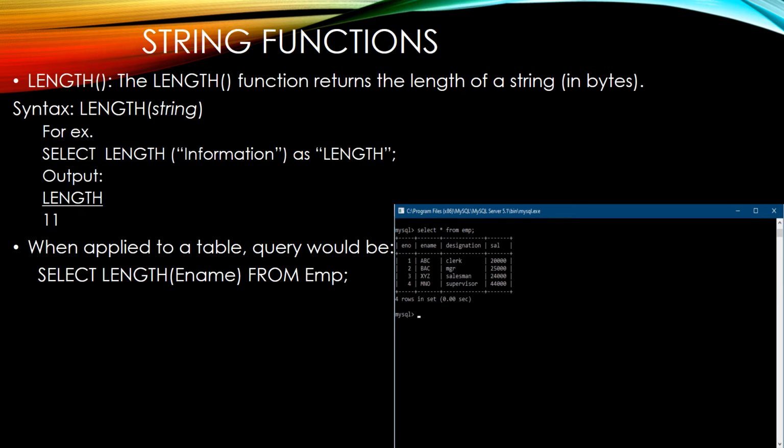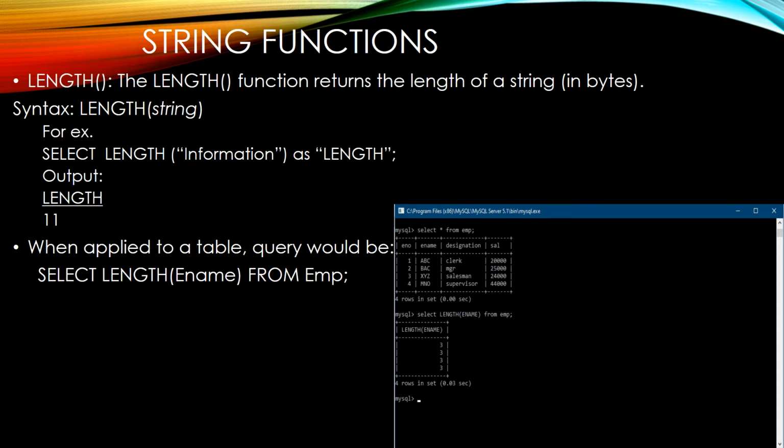Now the length function. As the name suggests, the length function is used to retrieve the length of the string, that is, the number of characters in the string. Length, then in brackets I am referring to the ename field. It will return the length of each name.